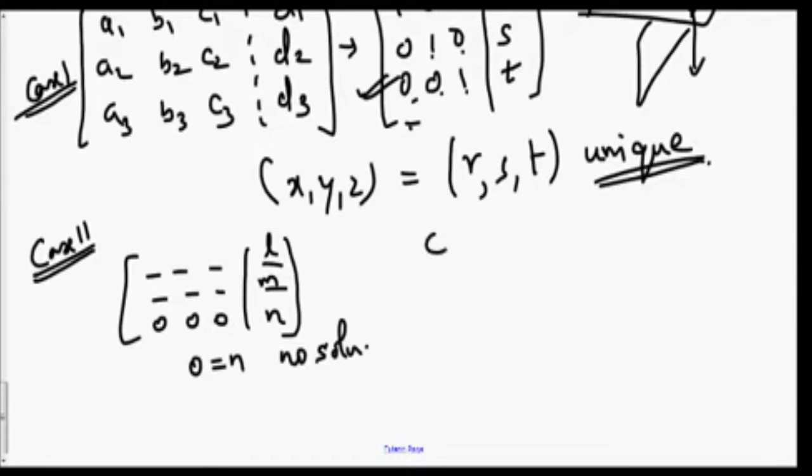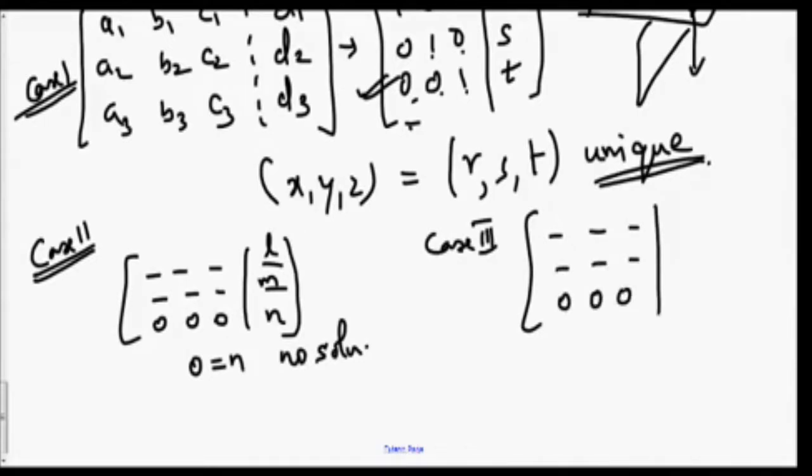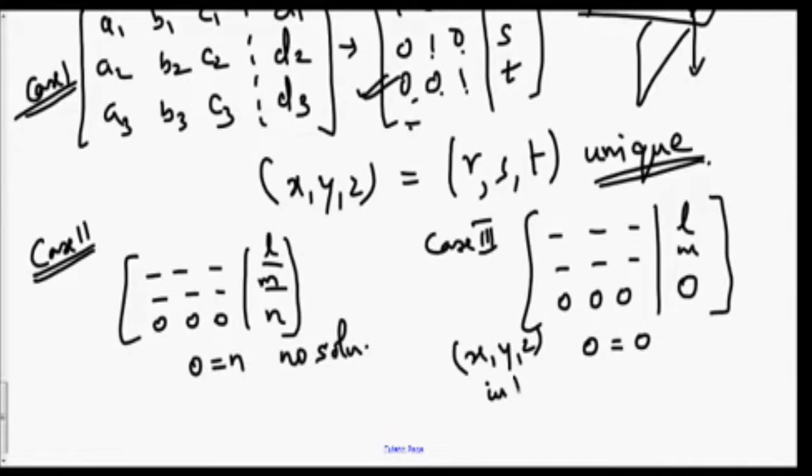Fine. In case 3, you concentrate again on the same last row, make the maximum number of zeros there, and in case I have l, m, and a 0 here, then you get 0 equal to 0. This is true for any values of x, y, z, right? Therefore, you have actually an infinite number of values for x, y, z, which means the planes intersect on a line.